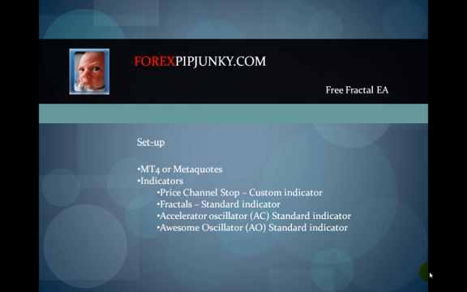Indicators we'll be using: eventually, price channel stop will be added. That's a custom indicator, available on our free expert advisors and indicators page. Fractals, accelerator, and awesome oscillator are all standard indicators. Any other custom indicators, if we get to them later in another video of this series, will also be mentioned, along with where you can get them.